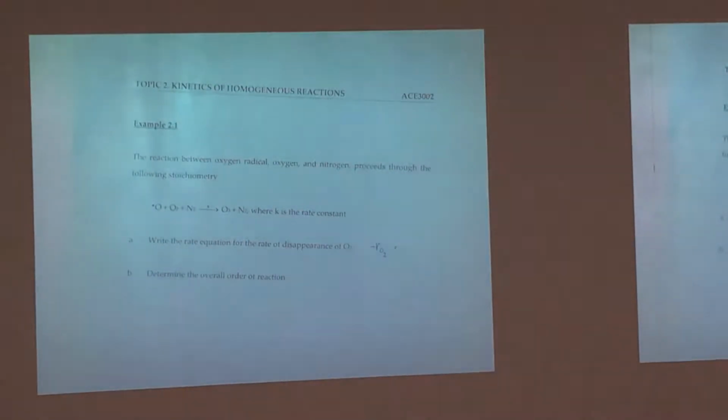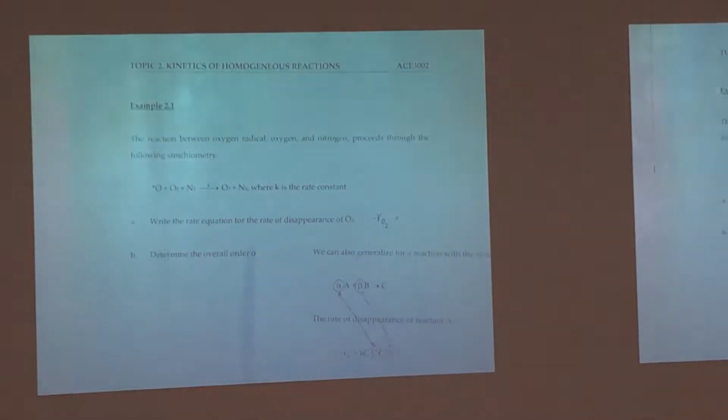Okay, I'll give you a hint. I can only give you the hint during lecture and tutorial, not in the quiz. So let's say, can you come up with the rate of disappearance of oxygen? How many species are actually involved in this reaction? 3, yes.